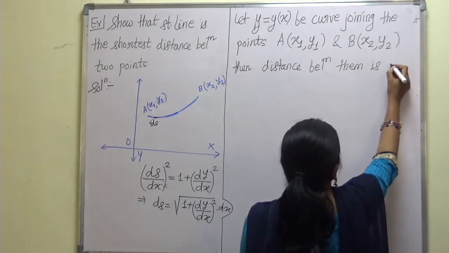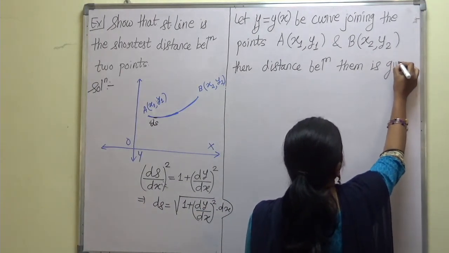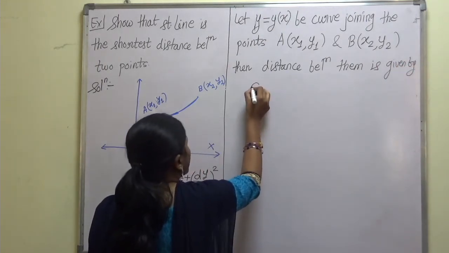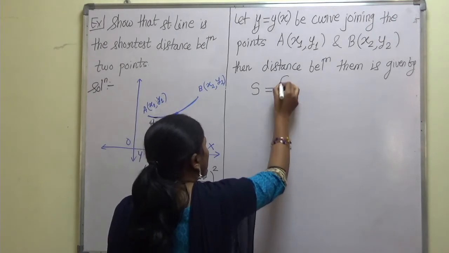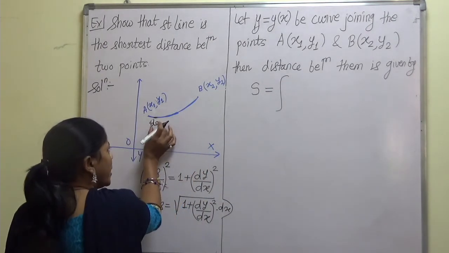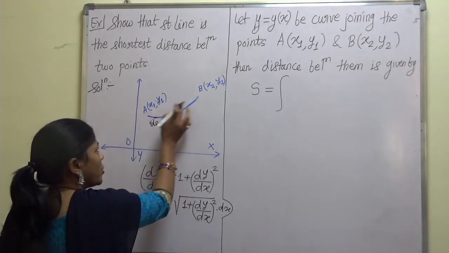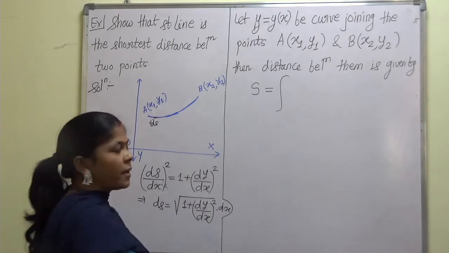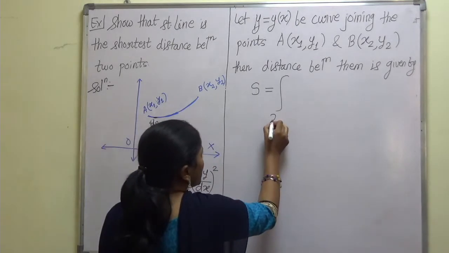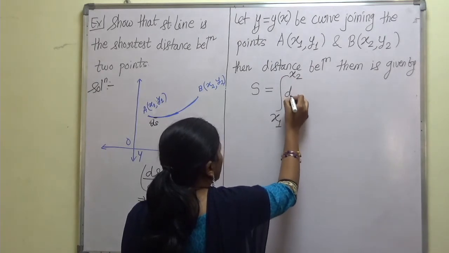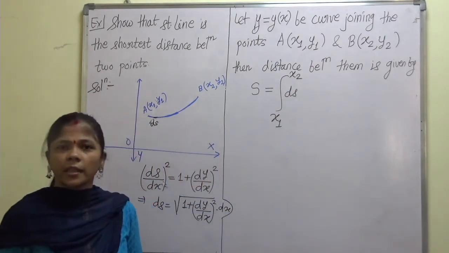Distance between them is given by, so that we denote by say S. This is nothing but the addition of all the arc length from the point A to B, and it is moving along x-axis. That's why limit of integration is x1 to x2 of such arc length.